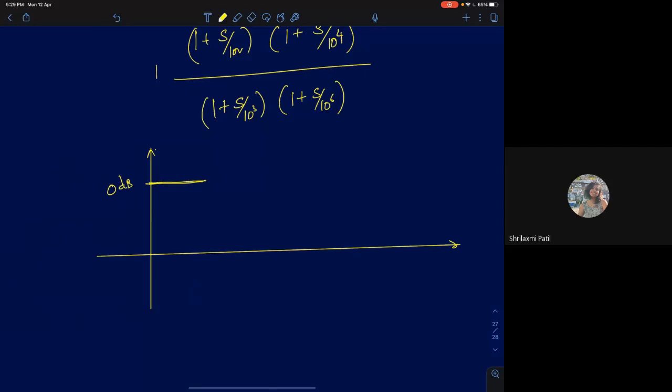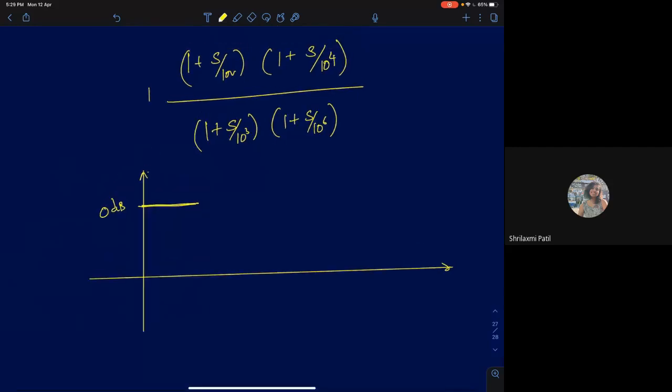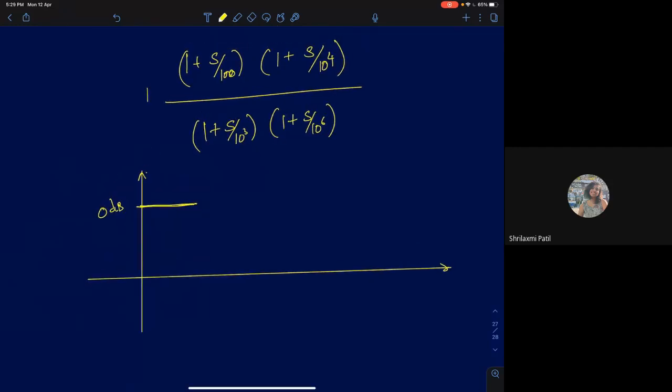What will it encounter first, a pole or a 0? You can see the value here, this is s by 100. So what will it encounter first? So I will draw 0 a little lower. So it will first encounter a 0, which is at 100 radians per second. The gain will now increase with the slope of 20 decibels per decade.